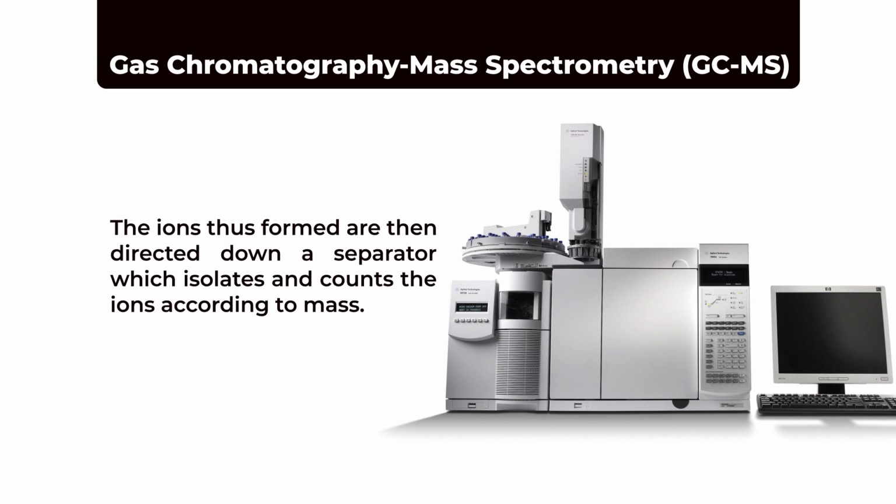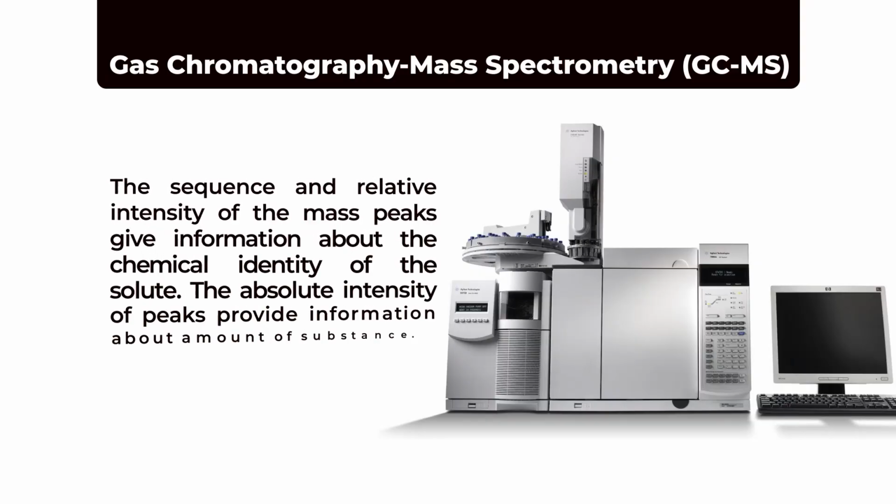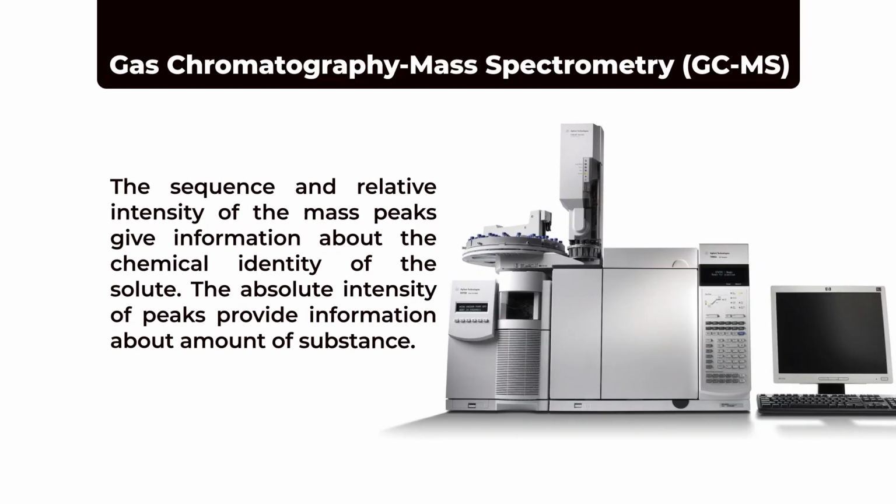The ions formed there are then directed down to a separator in the mass spectrometer detector. It isolates each component and counts the ions according to their mass. We have already said that they are differentiated by mass to charge ratio. The sequence and relative intensity of each mass peak will give information about the chemical identity of the solute.